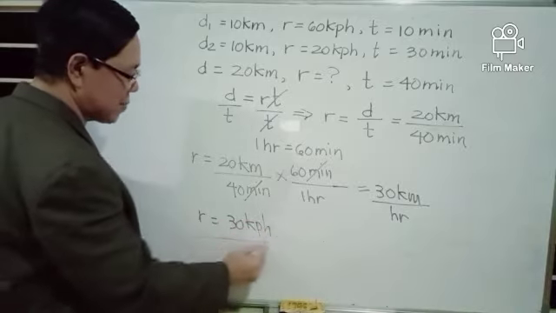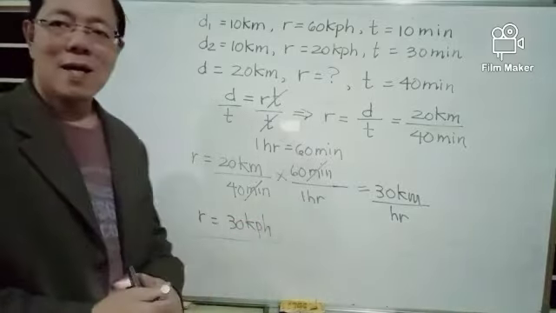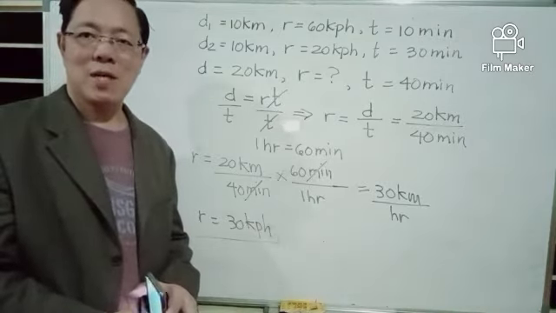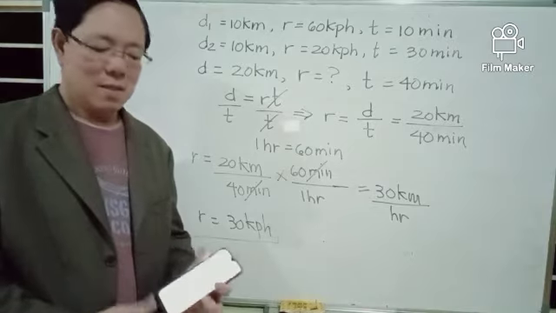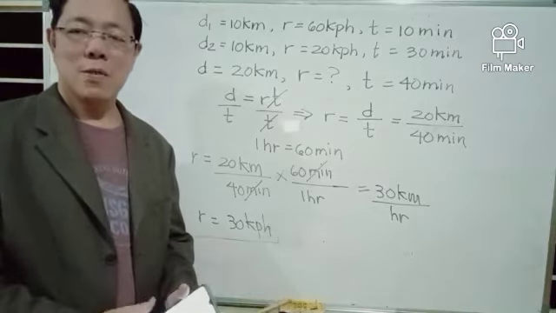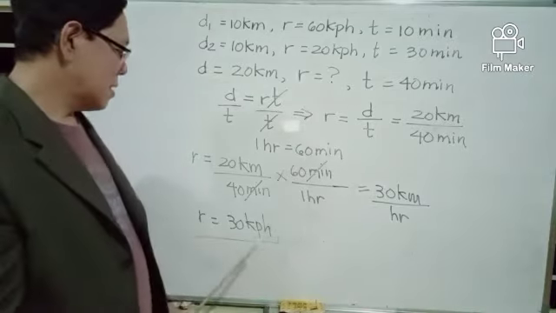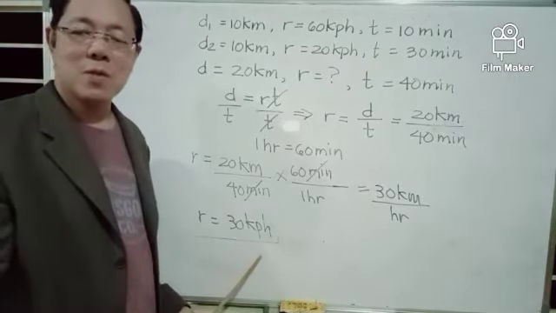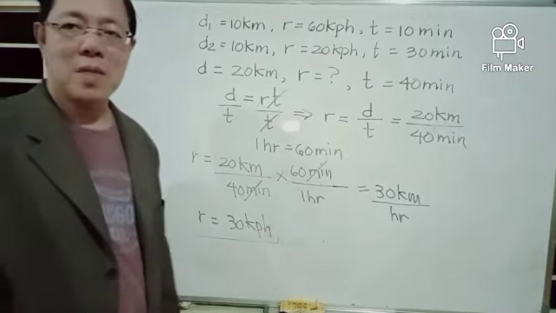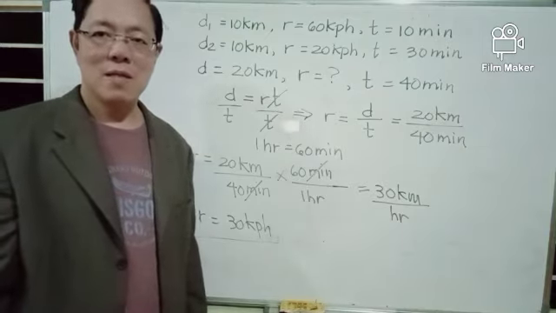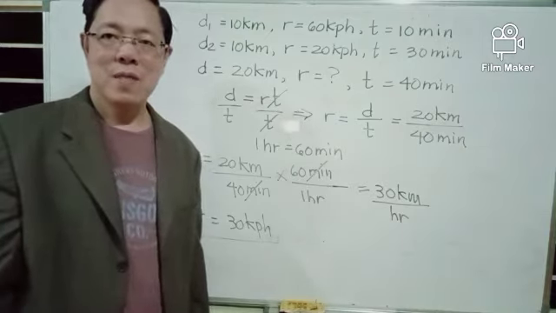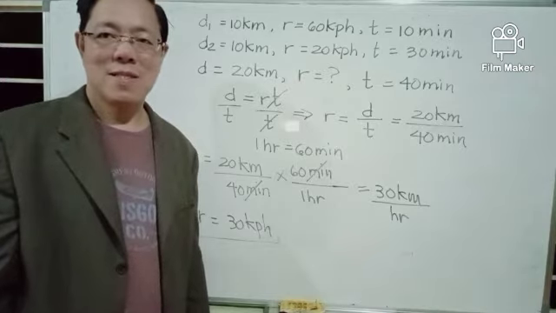And this is how you check your answer in getting the average speed using harmonic mean. This is the same result we obtained using the harmonic mean. And the advantage of using the harmonic mean is that the solution is shorter and more efficient.